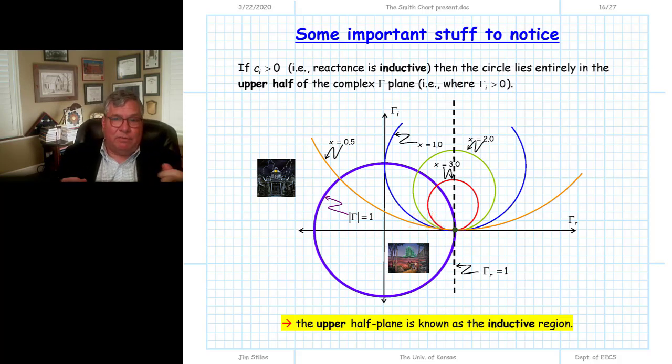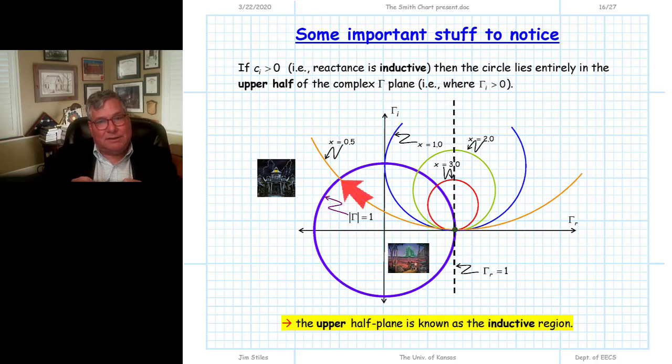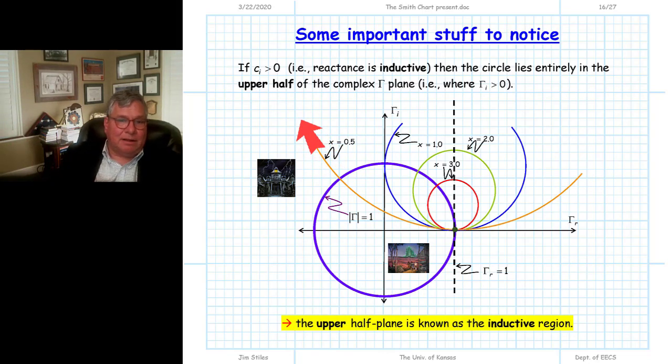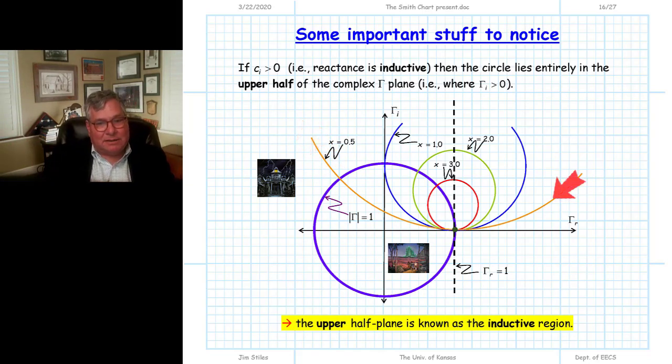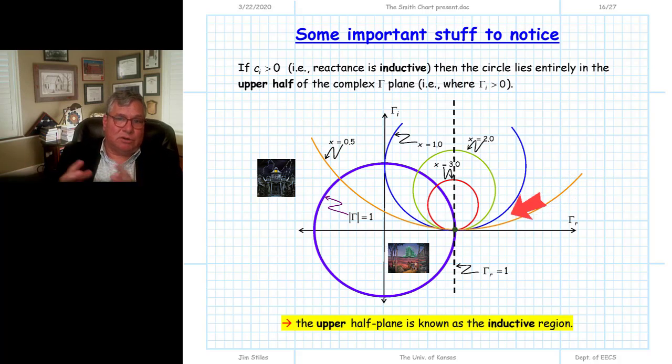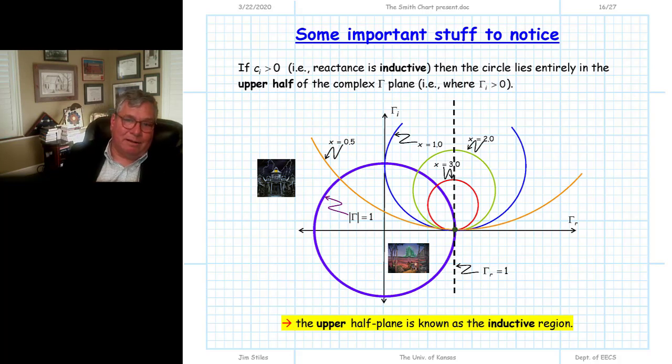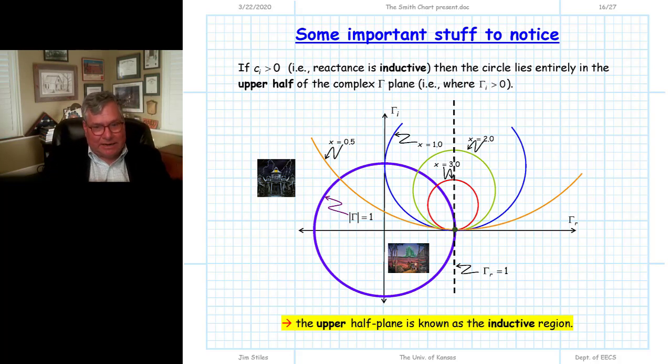If we go the other way, if the resistive part starts at 0 and then becomes more negative, now we slide outside of the unit circle. Most of the distance of those circles, the mapping of the form x equal to some CI, lies outside of the validity region, outside of the unit circle. There's just a small portion of those circles that will reside inside that validity region.